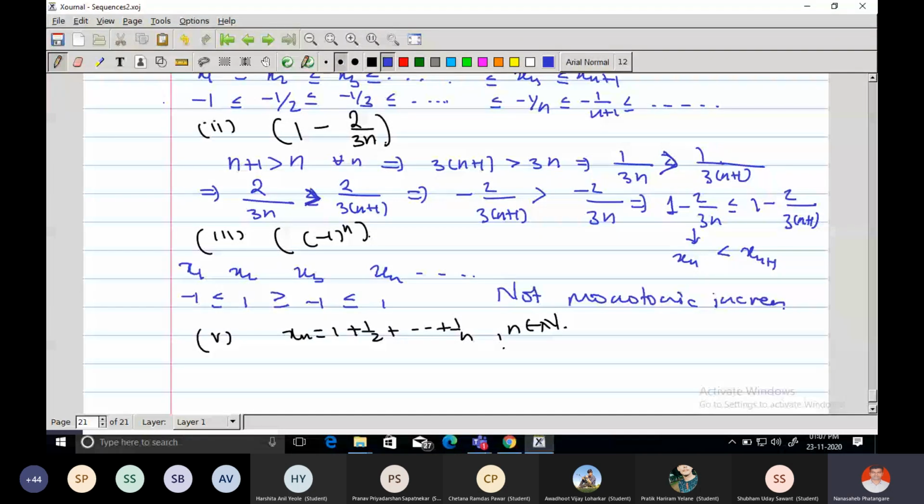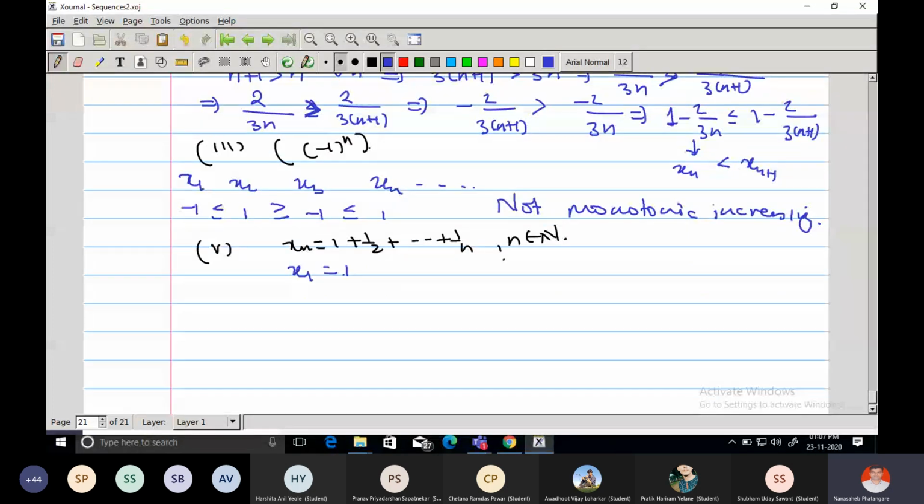We discussed this: xn is equal to 1 plus 1 by 2 plus up to 1 by n. So x1 is 1, right? What is x2? 1 plus 1 by 2. What is x3? 1 plus 1 by 2 plus 1 by 3. And therefore, what is x10? 1 plus 1 by 2 plus 1 by 3 up to 1 by 10, and so on.